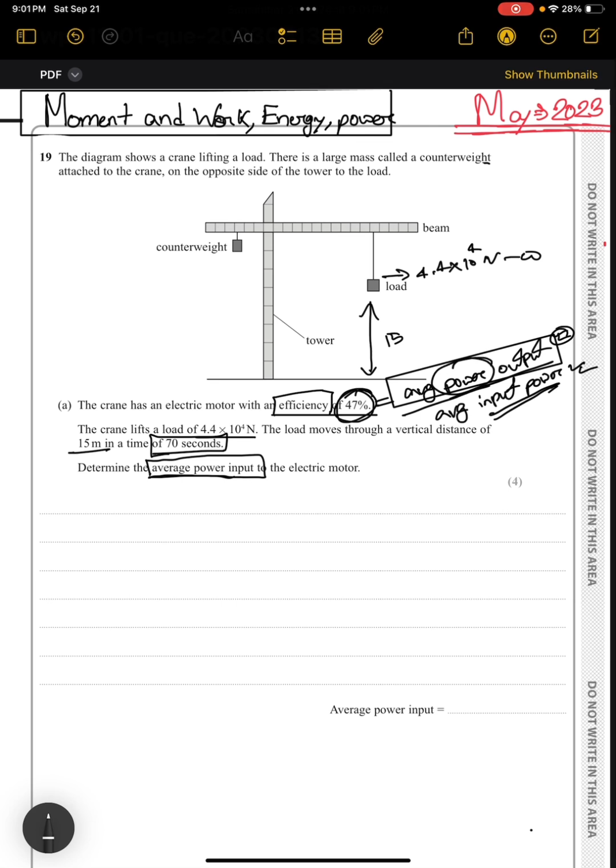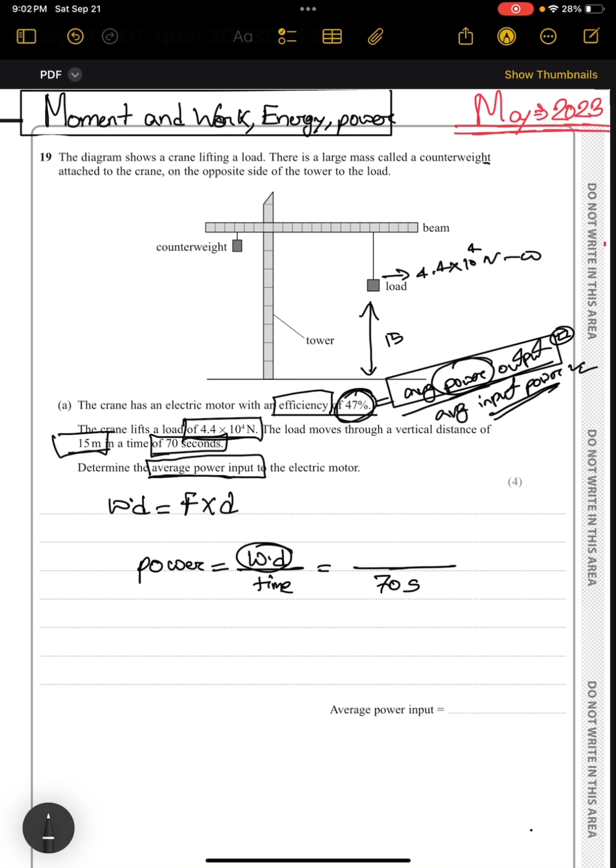In order to find out the power, we know the formula of power is equal to work done divided by time. We know the time is 70 seconds, but we have to find out the work done. The work done will be force into distance. We know the force, and we have also been given the distance, which will be 4.4 into 10 to the power 4 Newton into this distance of 15 meter.